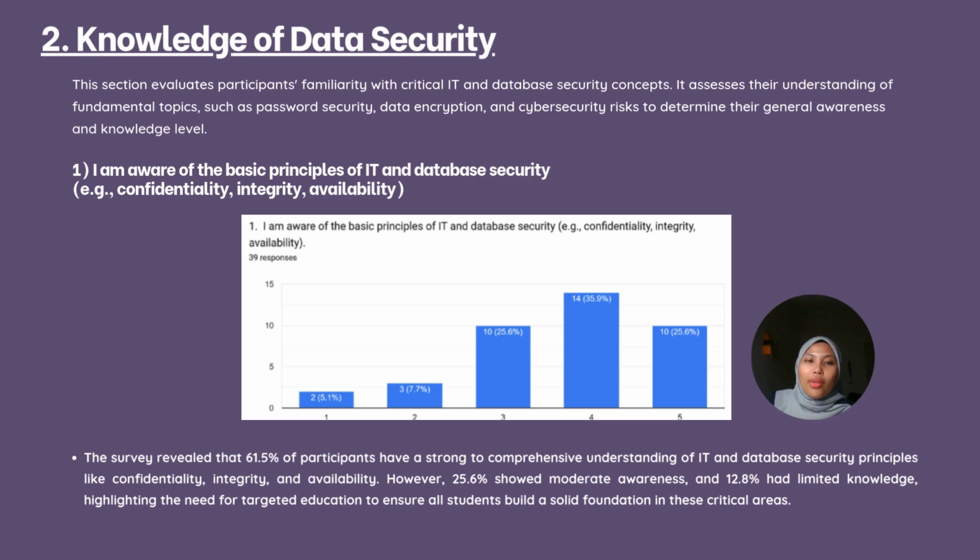For score 1, two respondents, 5.1 percent, and two respondents disagree, and neutral gets 10 respondents, and agree gets 14 respondents, 35.9 percent, and strongly agree 10 respondents, 25.6 percent.